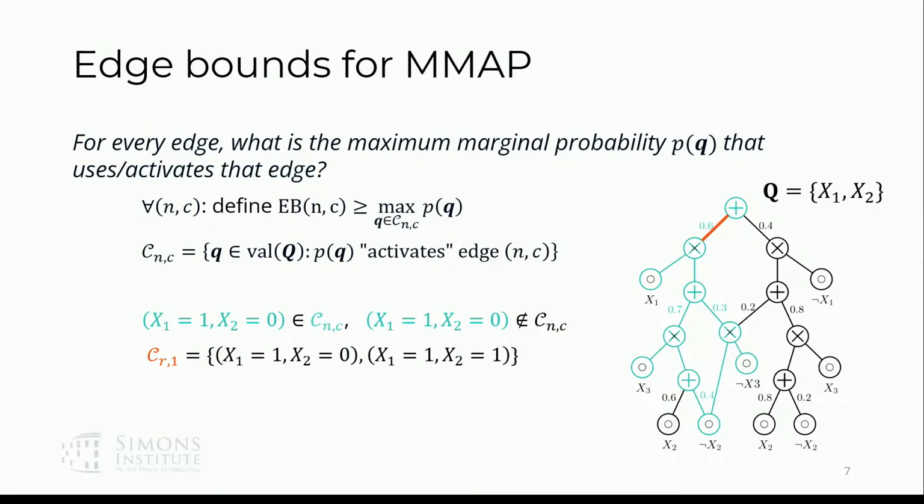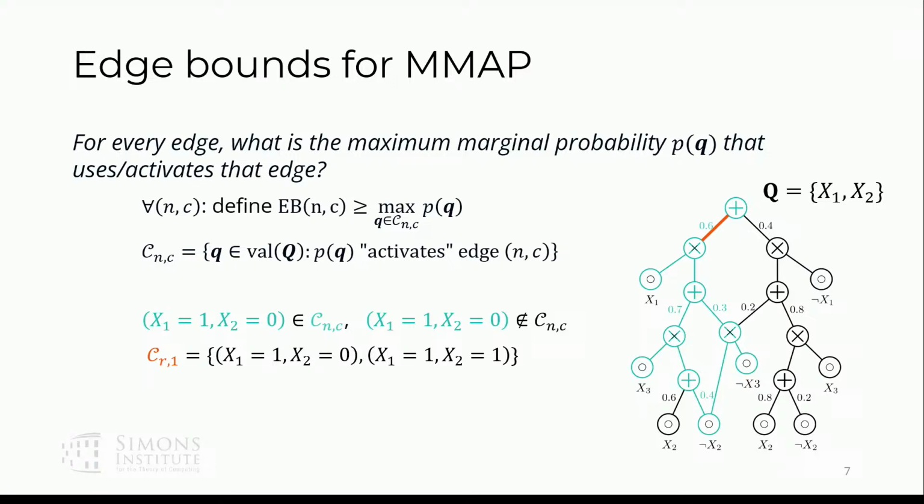Or another way of looking at it is, let's say we're looking at this set C for just this orange edge here. Right? So we're asking which assignments to variables x1 and x2 actually activate or use this edge. In this case, that just corresponds to setting x1 to 1, and the value of x2 can be either.